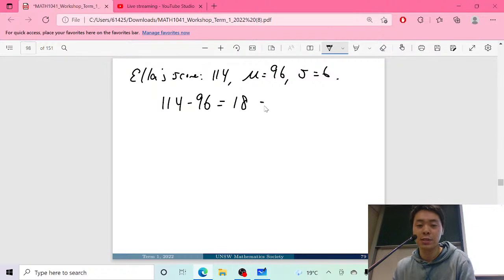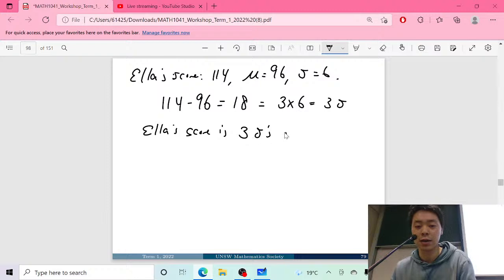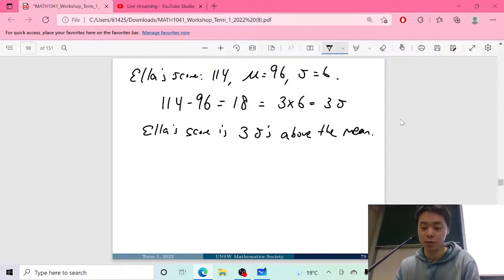So this is going to be 3 times 6, which is 3 standard deviations. So Ella's score is 3 standard deviations above the mean.